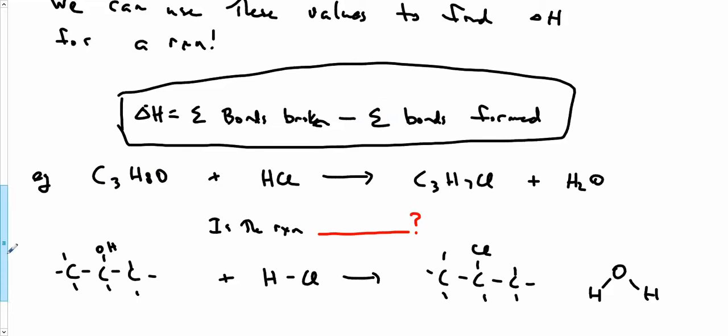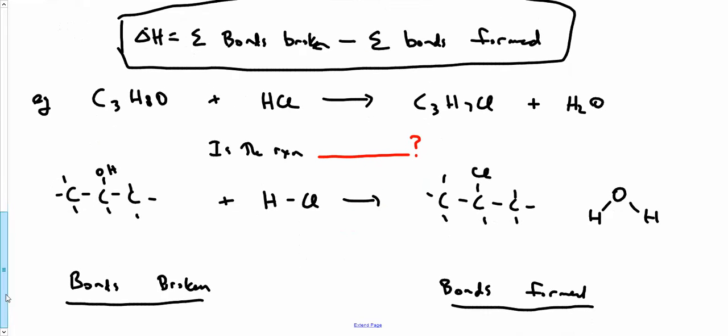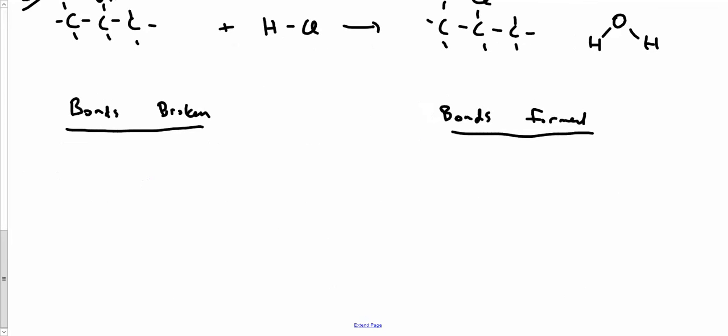So here's an example. Given a reaction, the first thing I need to ask myself is, is the reaction balanced? In this case, it is already balanced. If not, I might have to put some numbers in here. Next step is draw. I want you to draw the molecules out just like this, so I can very visually see what type of bonds I'm dealing with.